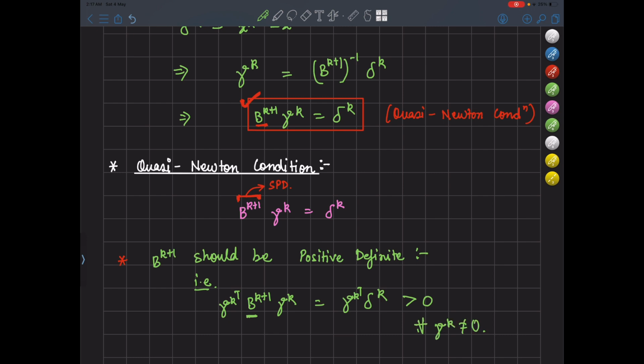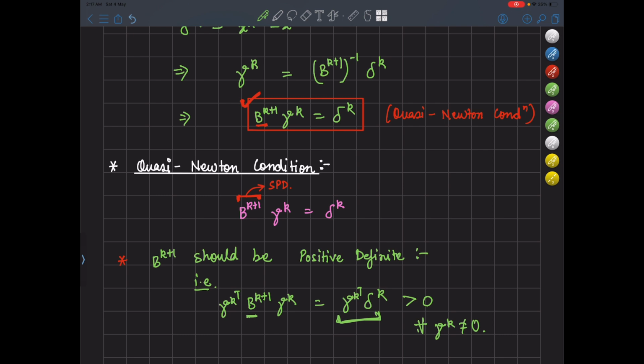That's the requirement. Only then will bk plus 1 be a positive definite matrix, and only that is a valid bk matrix.